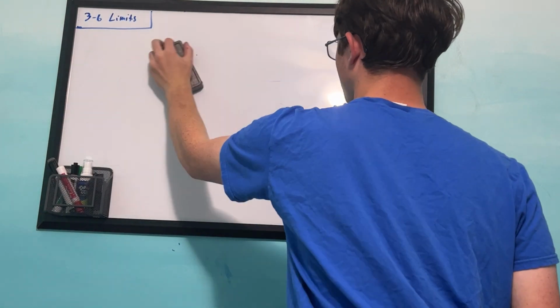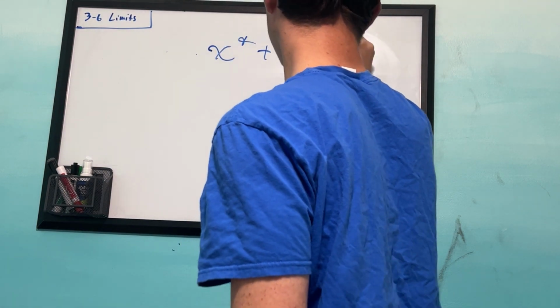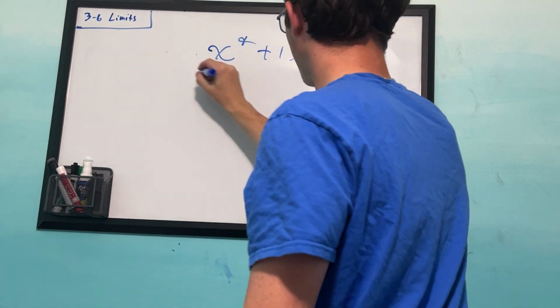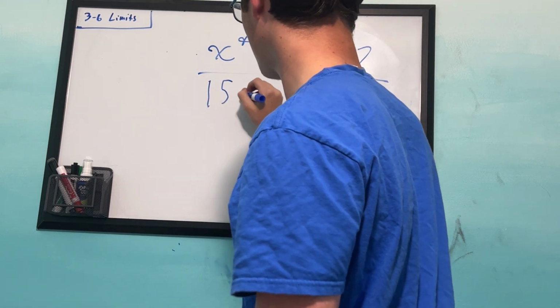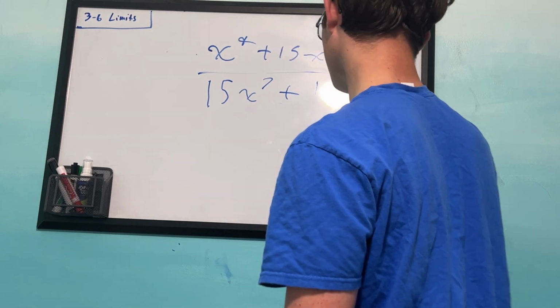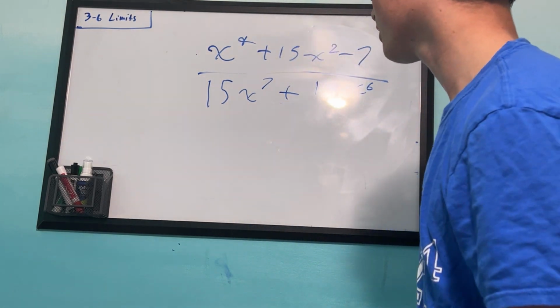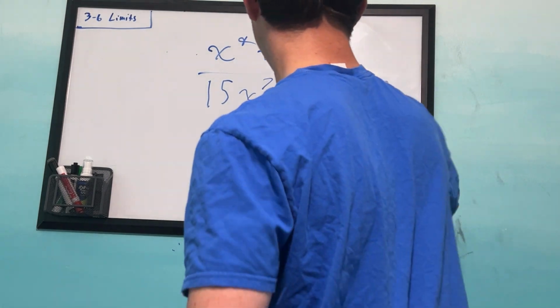And also we could see x to the 9 plus 5x squared minus 7 all over 15x to the 7 minus 20x to the 6. What we can see is we can do this two ways. I'll write this smaller.